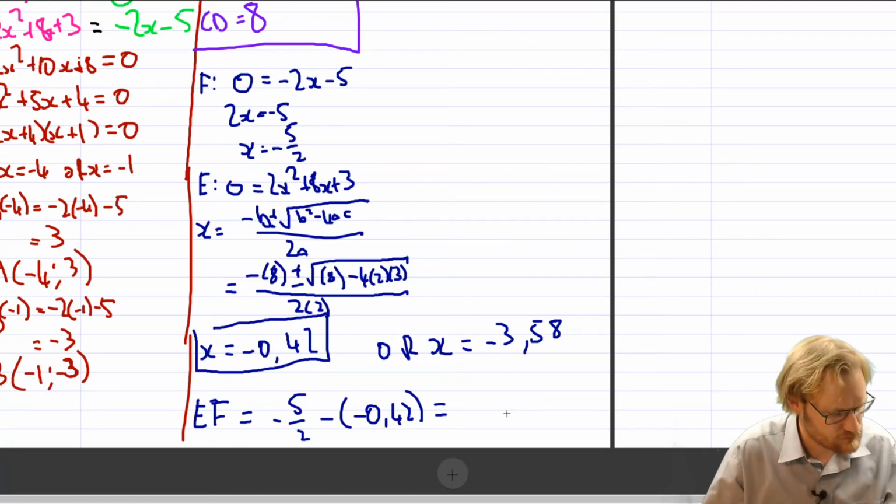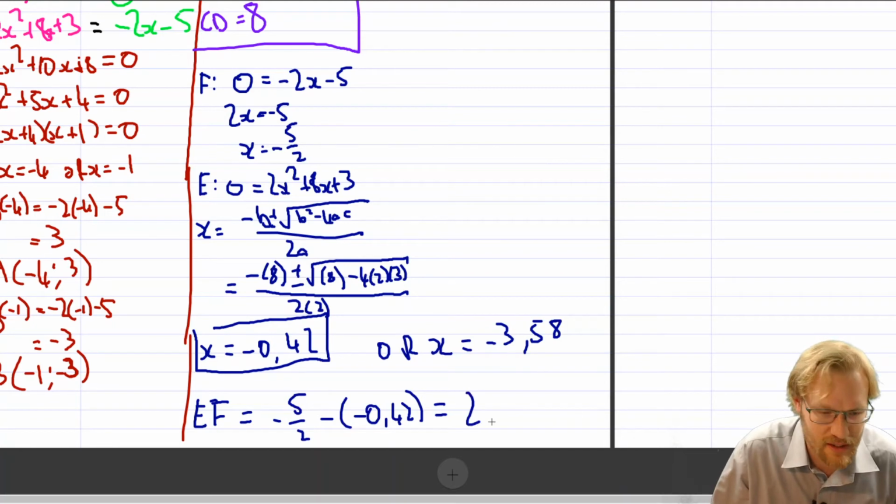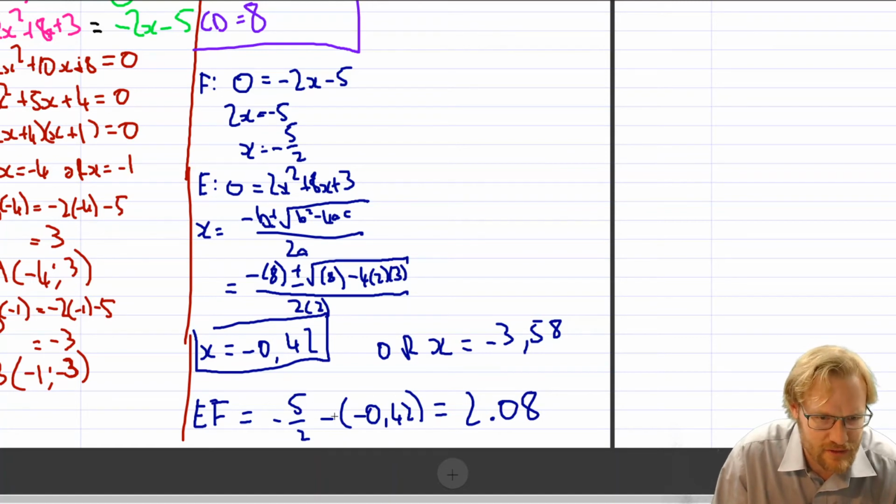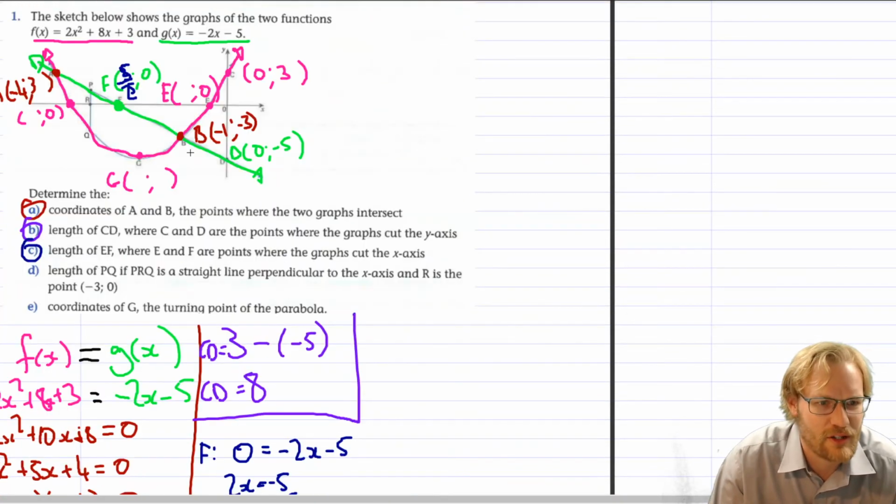Well, minus, I guess it's the length, so we're looking for 2.08. So EF is the negative of all of that. It doesn't really matter. The point is it's that distance. Okay, cool. So we got that distance there. Now we can move on. Let's move to question D.